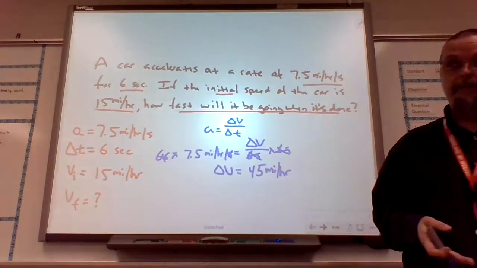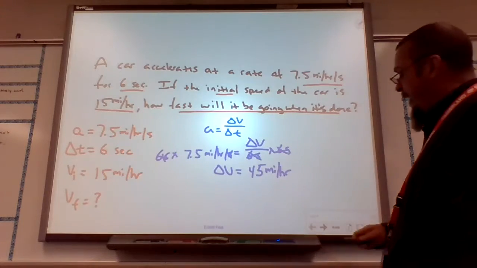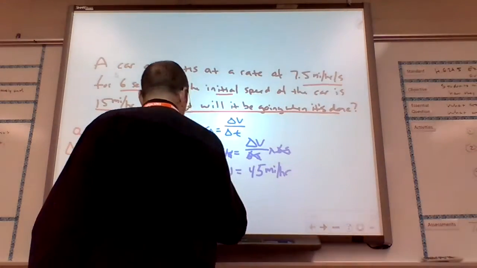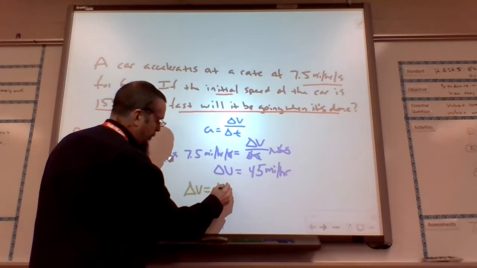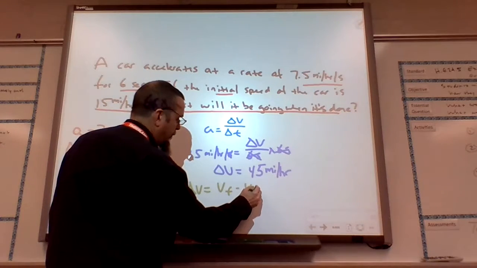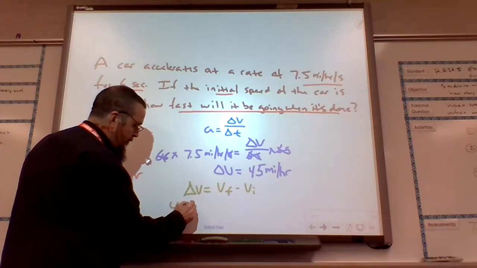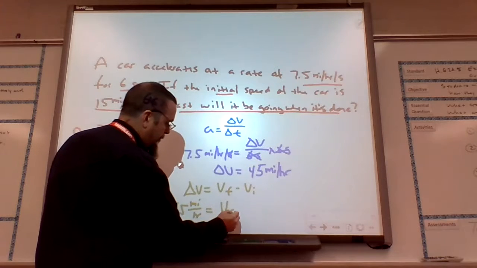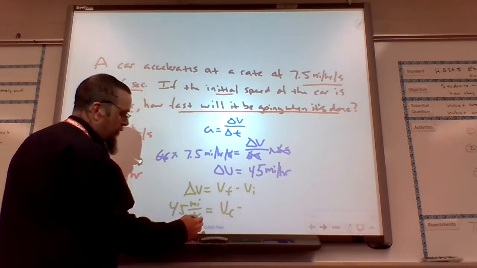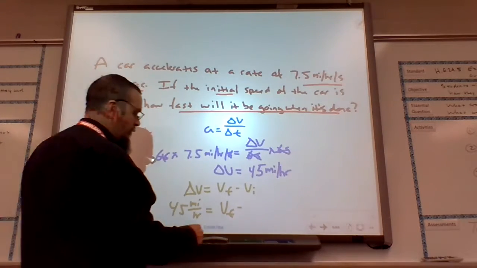Now that's not the answer to our question, that's just the change in velocity. To find the answer to our question, we have to use the delta V equation. VF minus VI. This is the delta V, 45 miles per hour, is equal to VF minus VI, which was 15 miles per hour.